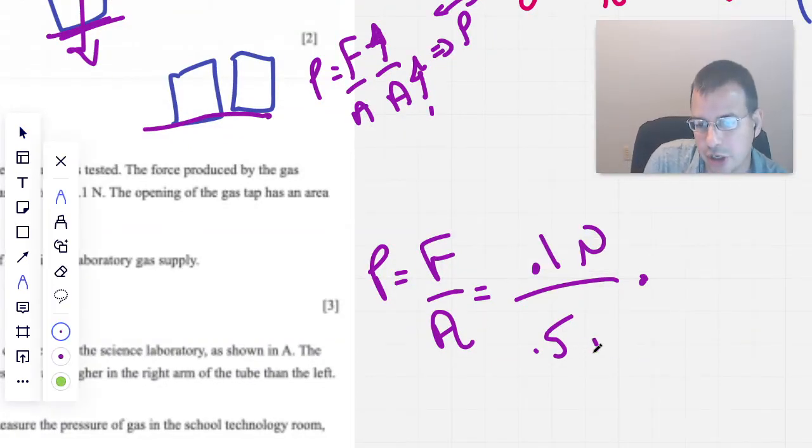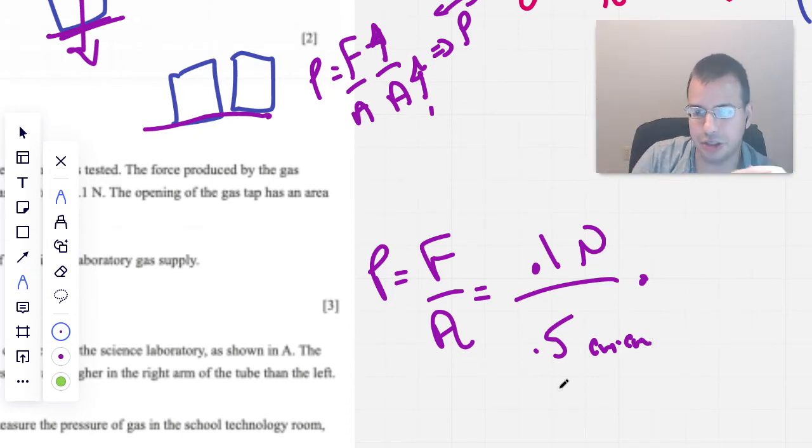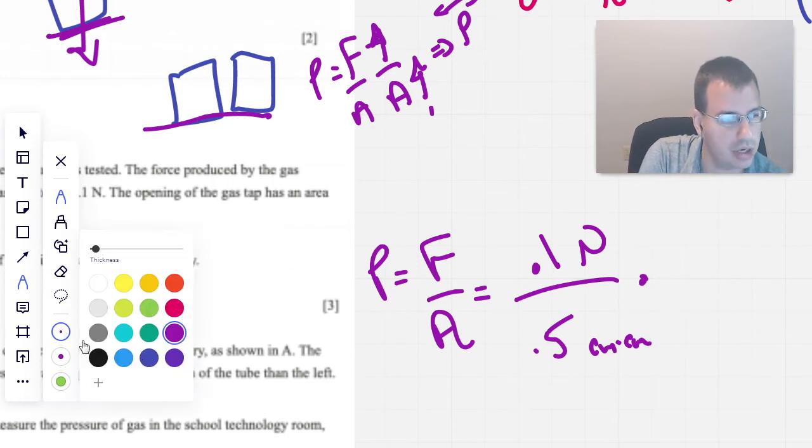I'm going to start by rewriting the centimeters squared as centimeters times centimeters. So squared just means you multiply it by itself twice.